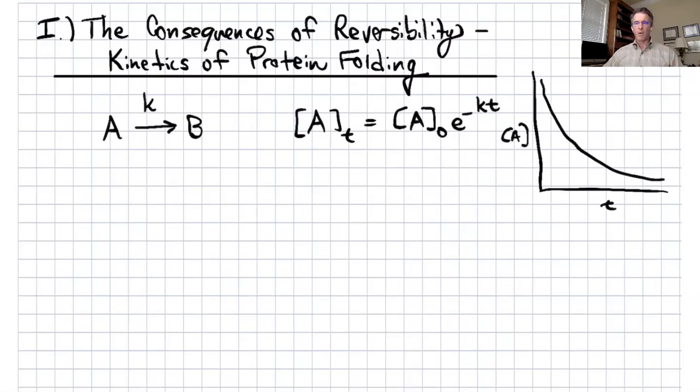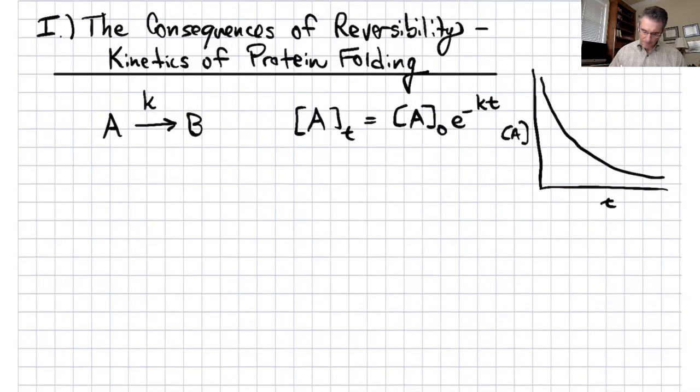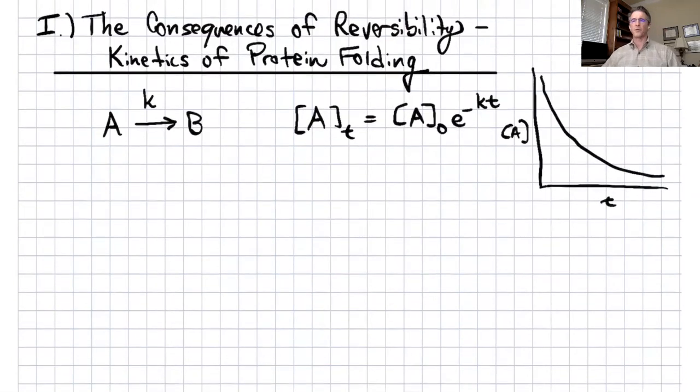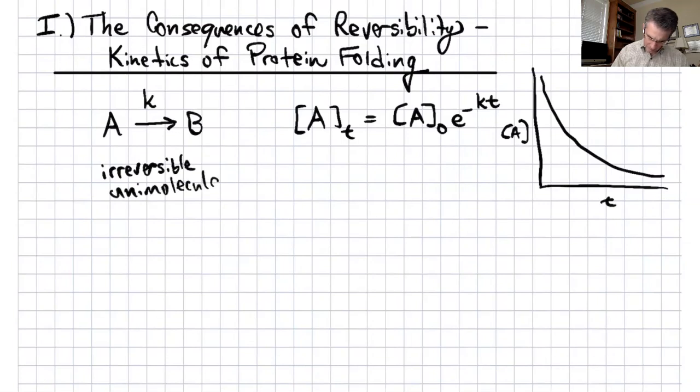Okay. And we went on from that and said, well, that basically assumes that the rate at which B turns into A is zero. Never happens. It's a so-called irreversible unimolecular process. Remember, unimolecular is distinguished from second order or bimolecular processes by only having one substance, one thing turning into something else.